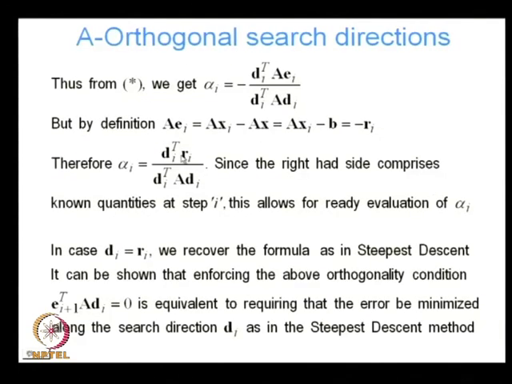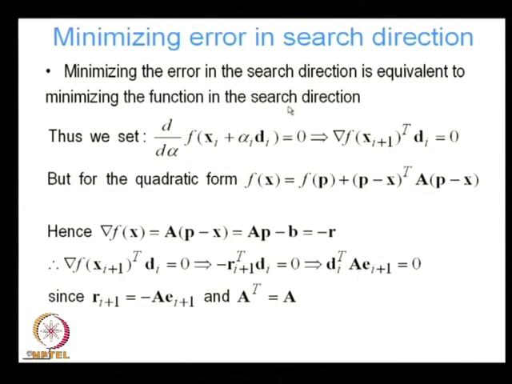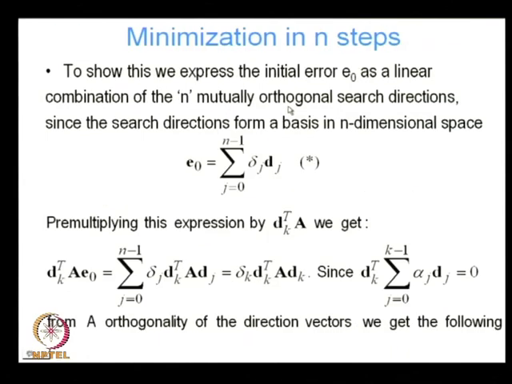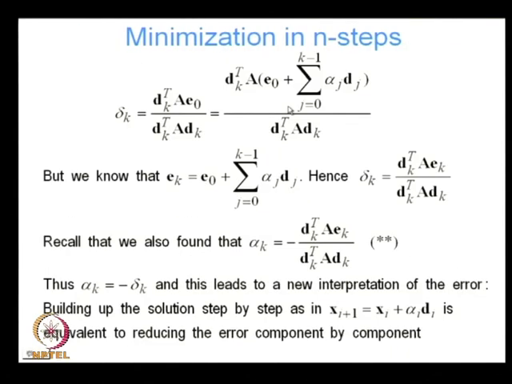This is my expression for the alpha k's, di transpose A ei over di transpose A di, but that one had a negative sign. So, basically I found that my alpha k and delta k are equal in magnitude, but they differ in sign.